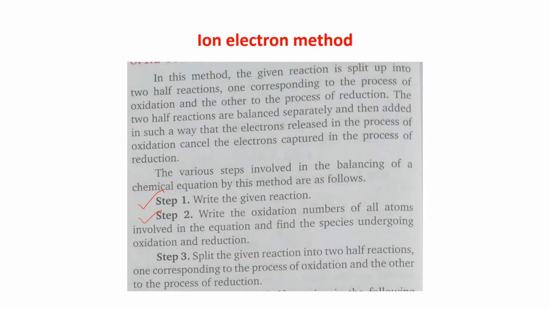Now, next, step number 3. Split the given reaction into two half reactions, one corresponding to the process of oxidation and other to the process of reduction. This is a new thing. We are not doing this in oxidation number method. You have to split the reaction into two halves.